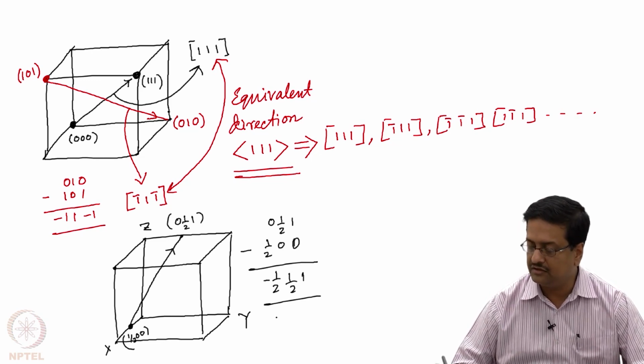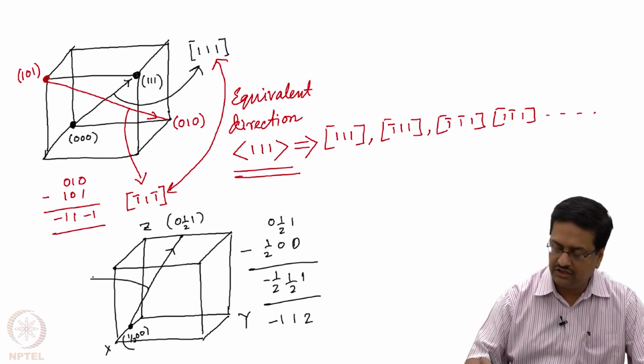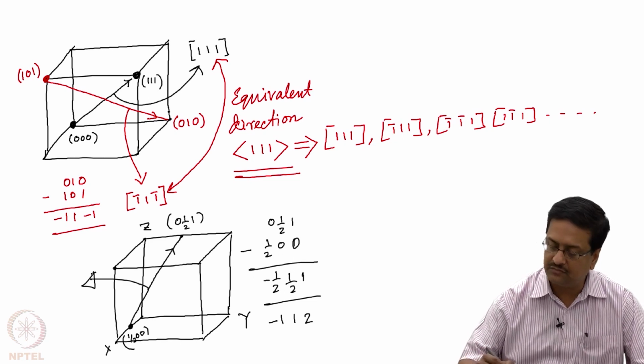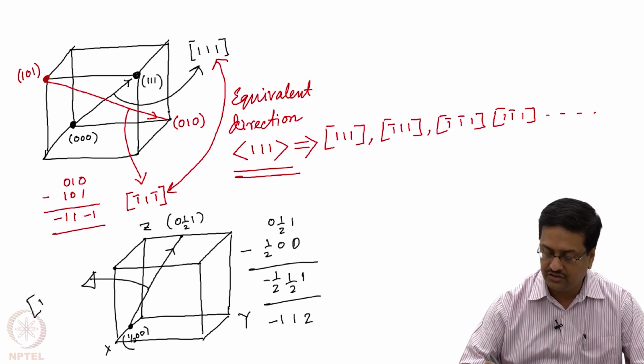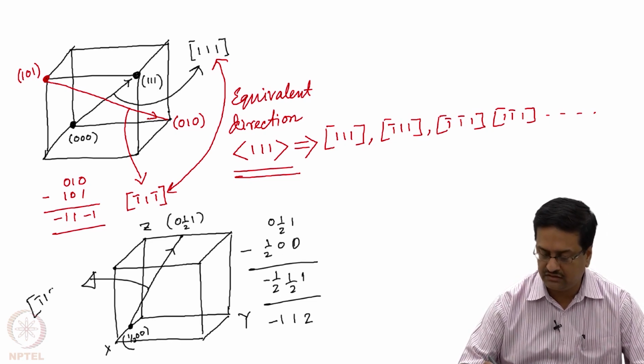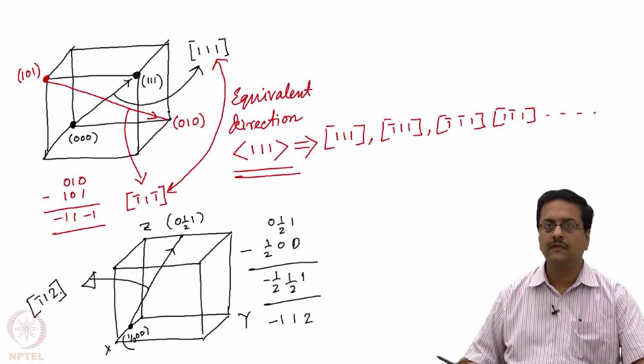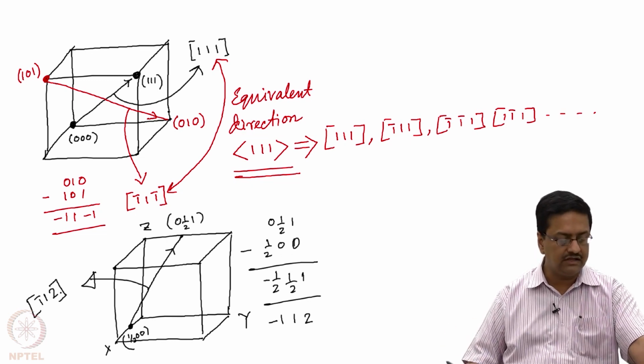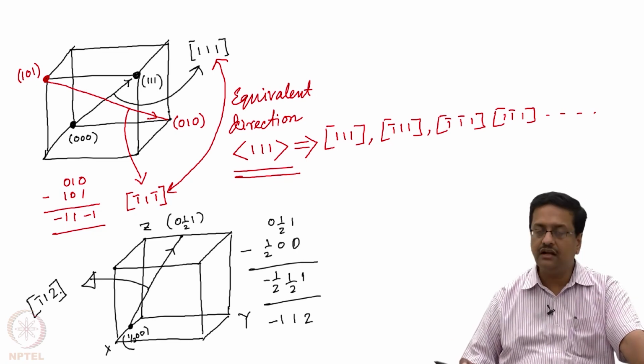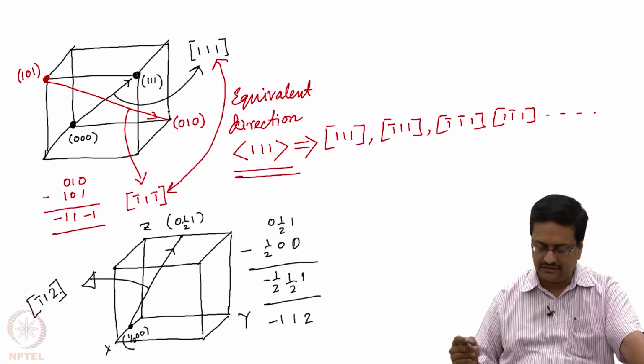By multiplying by 2, we convert it to minus 1, 1, 2. So the corresponding Miller indices for that particular direction is going to be 1 bar, 1, 2. So this is how one should generate the Miller indices of the directions.